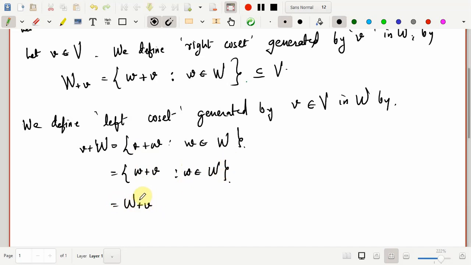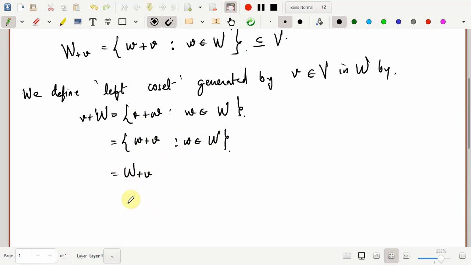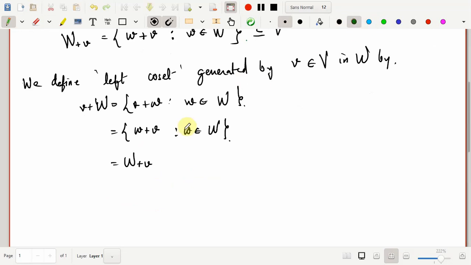So in general, whenever I use the term coset, it would mean either the right coset or the left coset. That's the first observation that we have. The right coset generated by a fixed v is the same as the left coset, so w plus v is the same as v plus w.